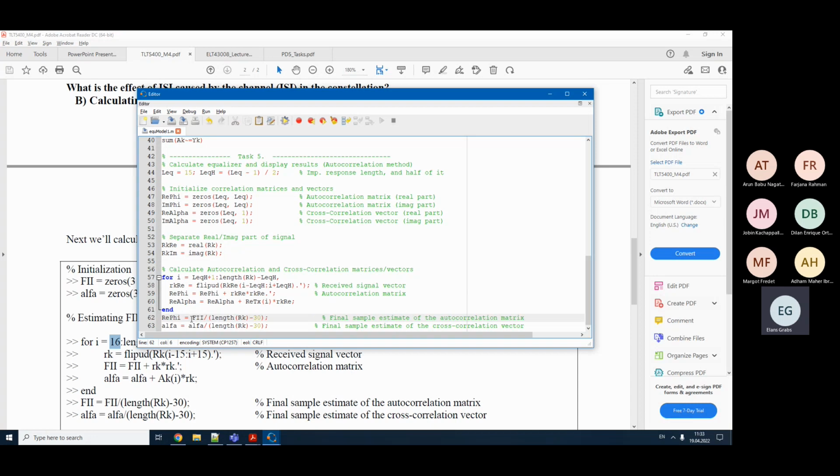Also, I need to replace this part. Minus L minus 1. This part. L minus 1.